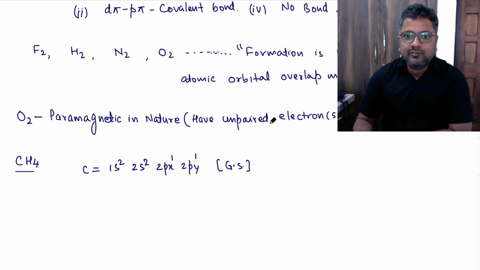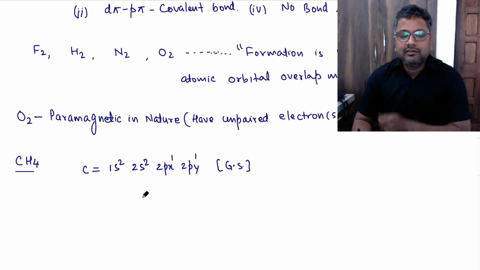And as per this VBT, only two unpaired electrons this carbon atom has, so it will form two covalent bonds, because orbitals having paired electrons do not participate in the bonding.